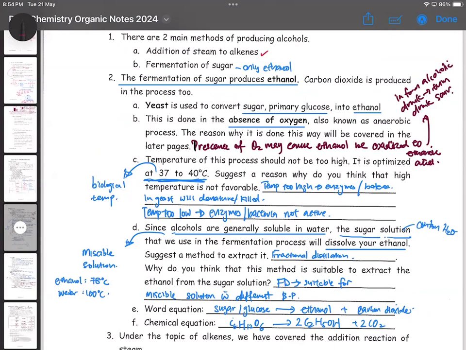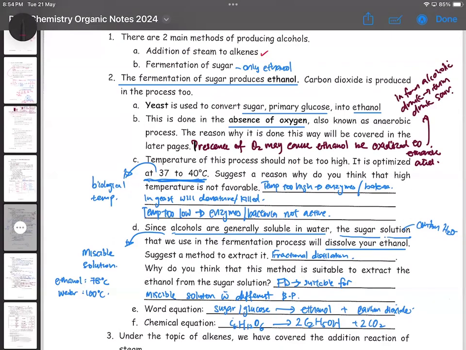Okay, the next question I'm going to add in over here is: when you do fermentation, it is almost impossible to get pure ethanol. It's impossible to get pure ethanol from the fermentation process.